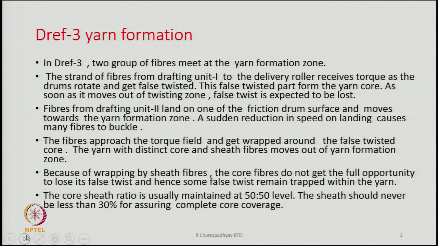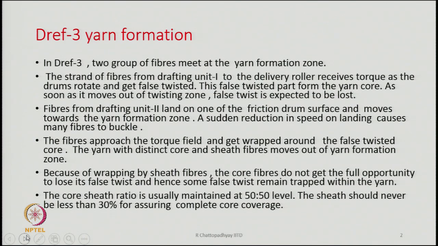There is internal suction in the drum, the fibers get stuck on the drum surface, and as the surface moves, the bundle of fibers resting on the drum surface will be twisted. But as I said earlier also, this twist is basically false twist.